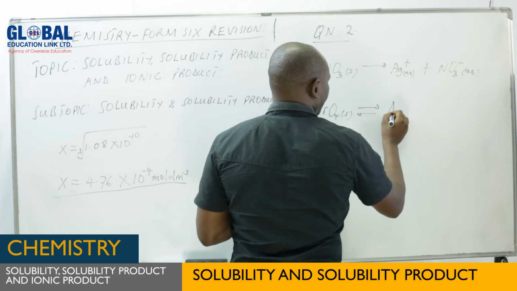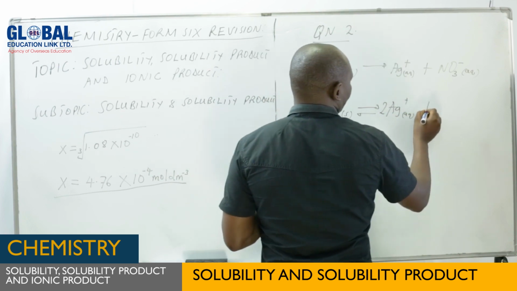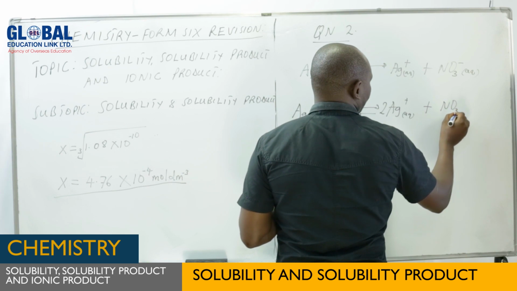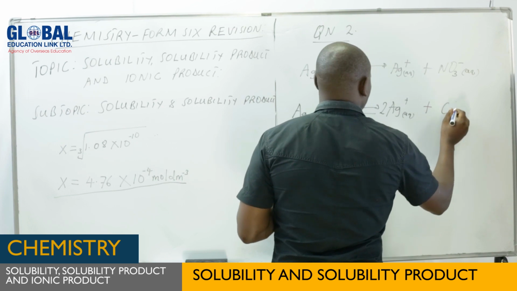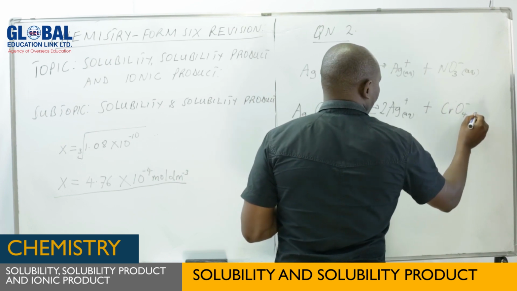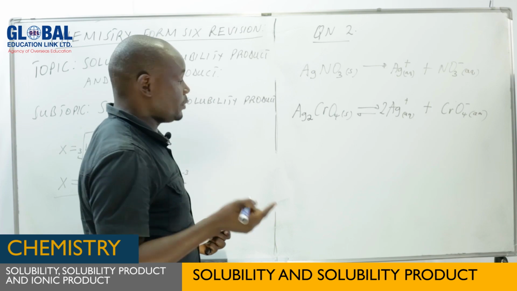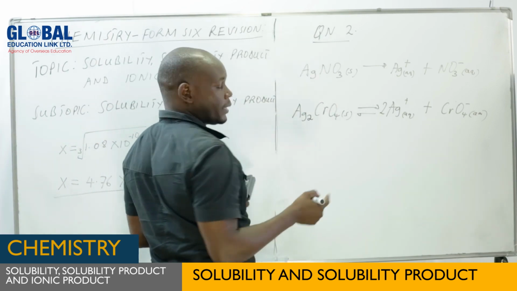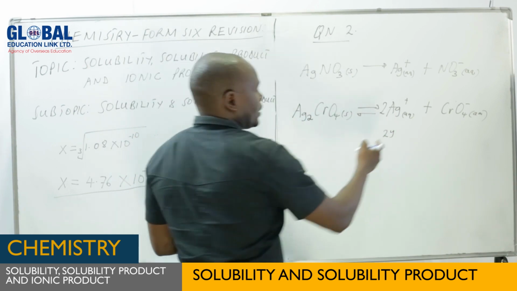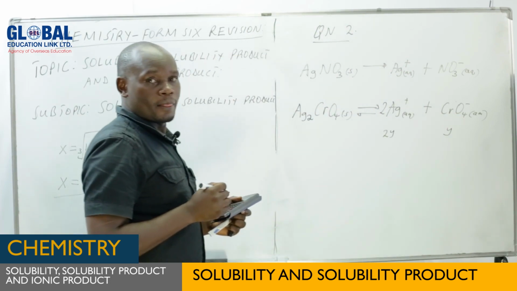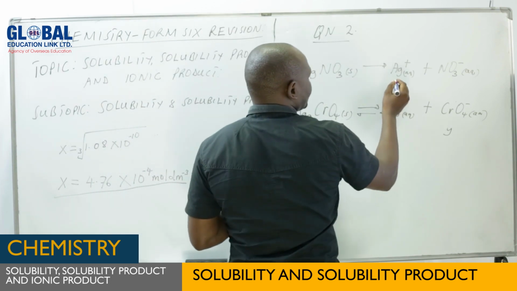Undergoes dissolution to release silver ions, then plus chromate, aqueous. Now remember, we said that if we rate the solubility of silver chromate in this one, let us call it Y. So here will be 2Y, and here will be Y. If we rate now the solubility of silver chromate in silver nitrate, silver nitrate here releases also silver.